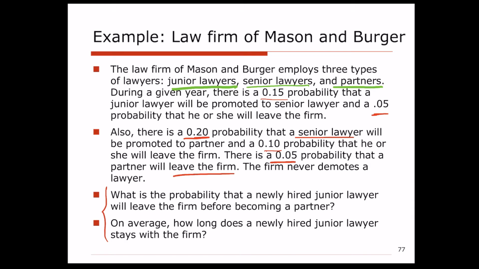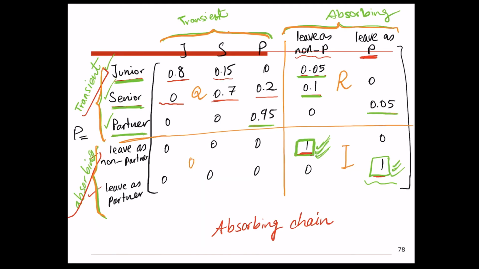So here it says, what is the probability that a newly hired junior lawyer will leave the firm before becoming a partner? What is the probability that the junior lawyer in this transient state will leave the firm before becoming a partner?